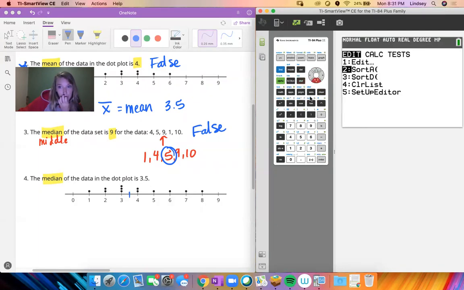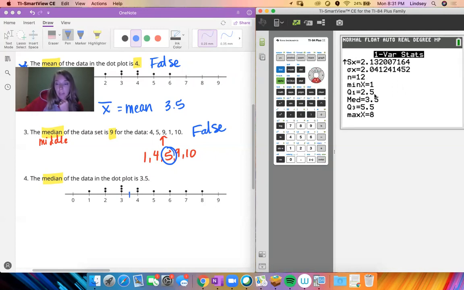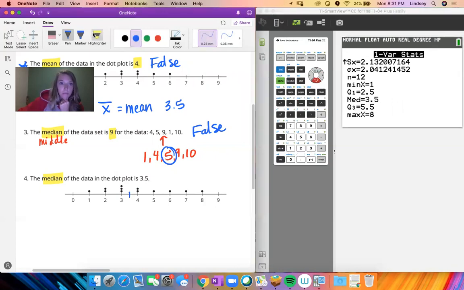Stat, calculate, oops. Okay, so it's asking me about my median, so I'm going to scroll down, and it says my median is 3.5. So is that a true statement? Yes, it is.